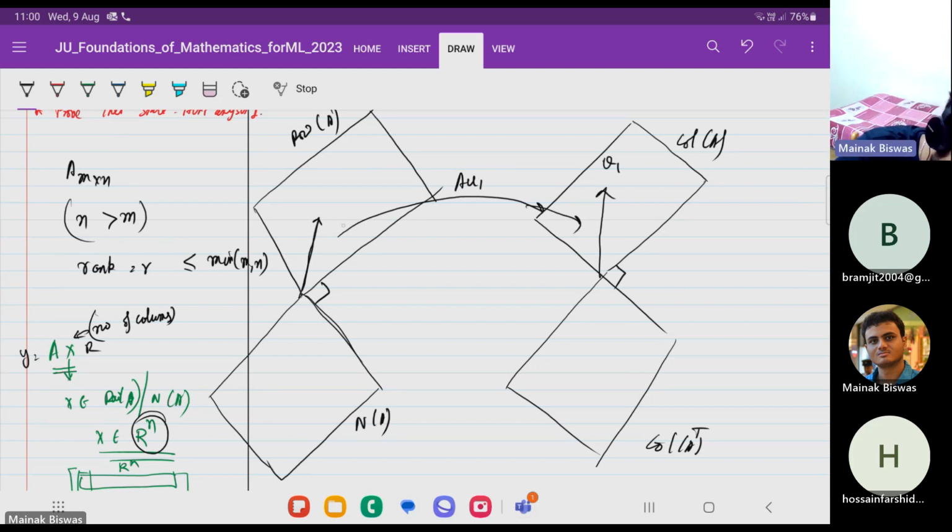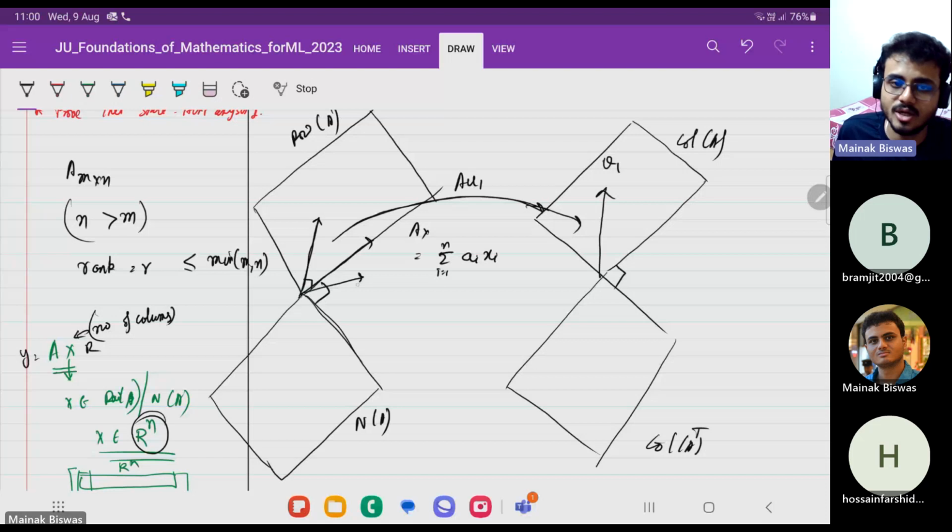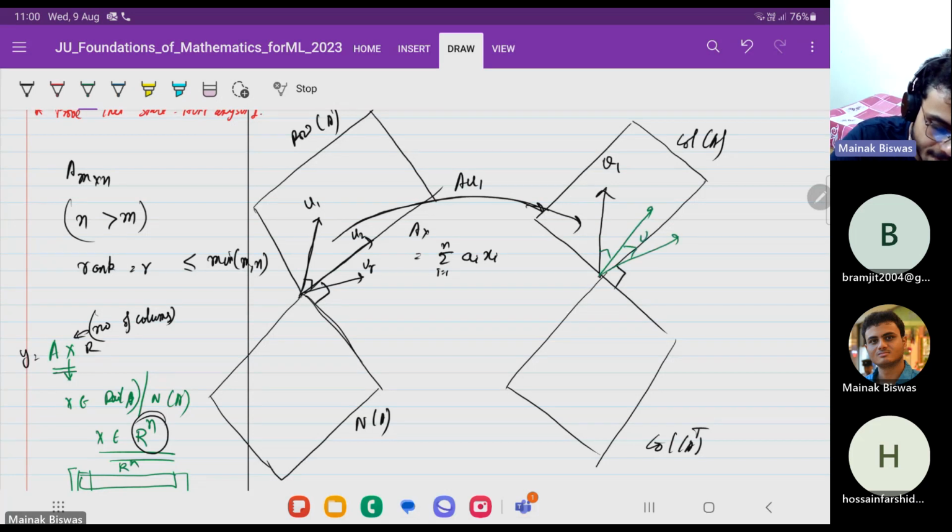So since you have no doubt, you know that AX is sum of a_i times x_i for all i between 1 to n. So you will have n orthogonal components. If you take n orthogonal components, not all orthogonal components will work. So U1, U2, say R of these such that they have orthogonality in this space as well. V1, V2, VR. Do you see what will be the help?